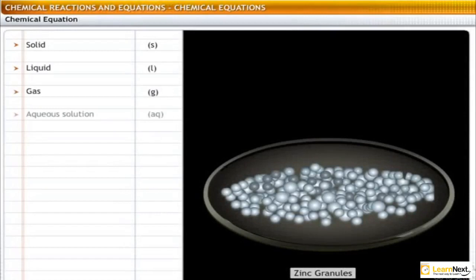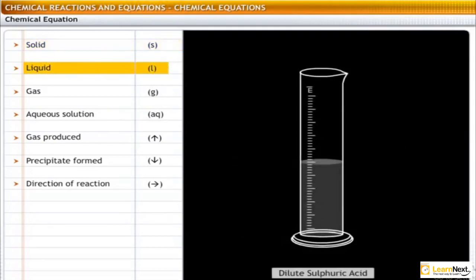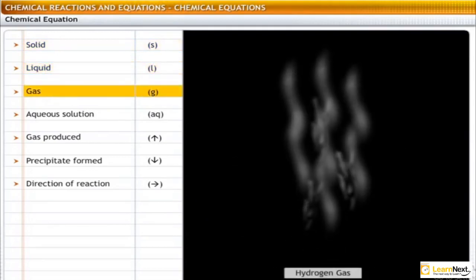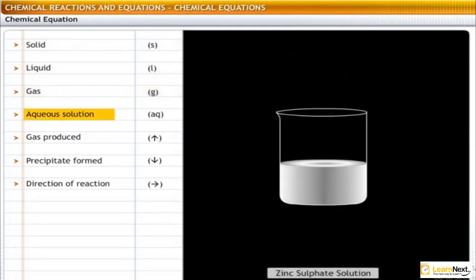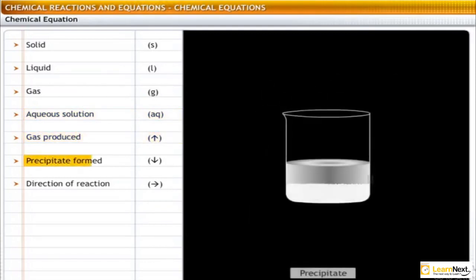In chemical equations, you denote a solid with S, a liquid with L, a gas with G, an aqueous solution as AQ. A gas produced with an arrow pointing upward. Precipitate formed with an arrow pointing downward.